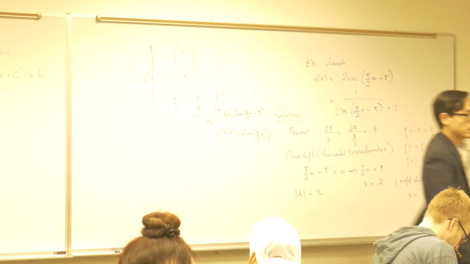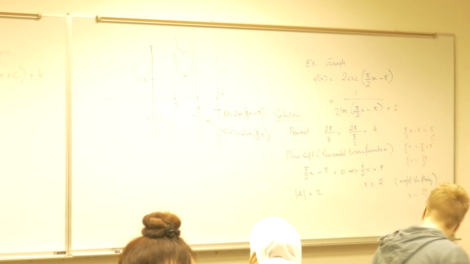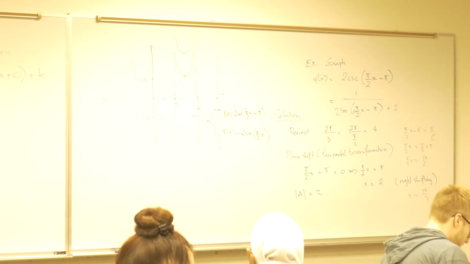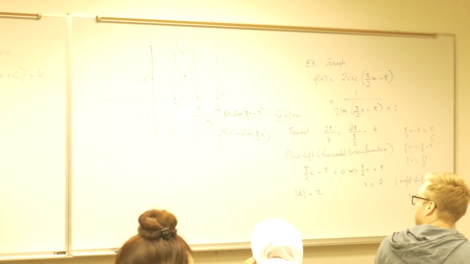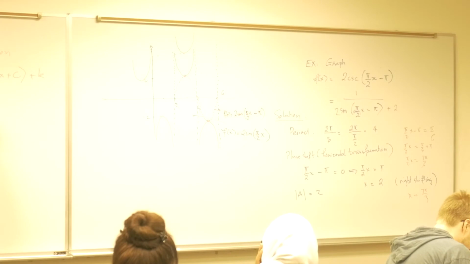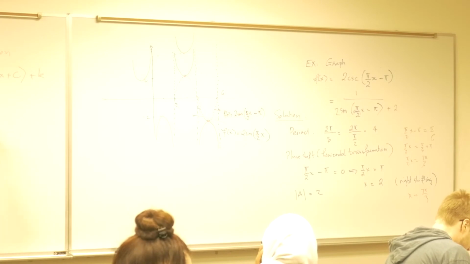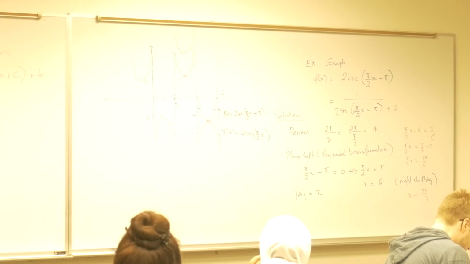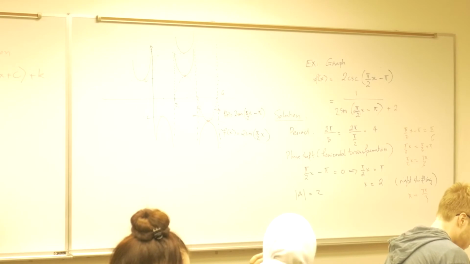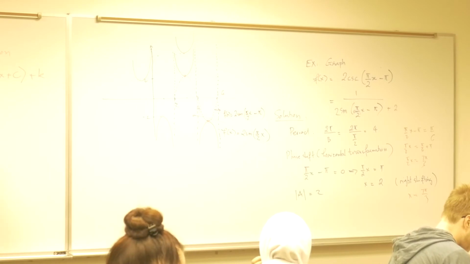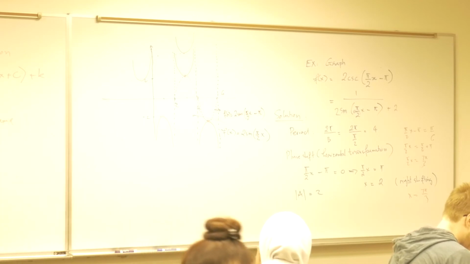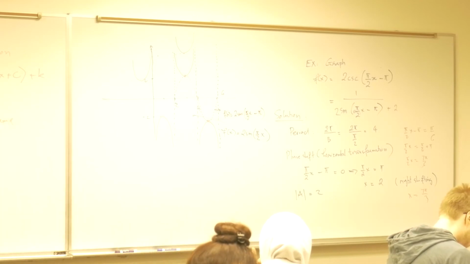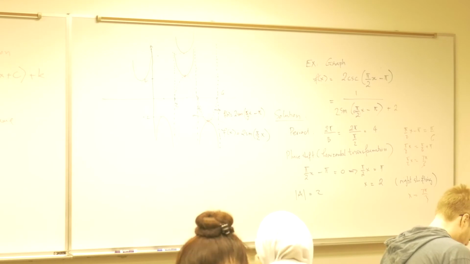The secant function is based on cosine, so the period again will be 2 pi over b. The phase shift will be the same. I don't want to write it, so it's the same as the other one. The amplitude is also the same.